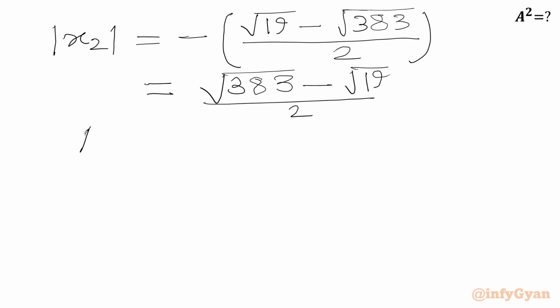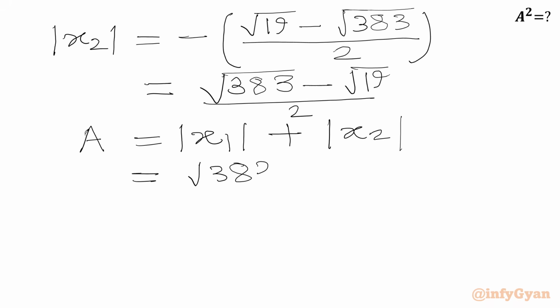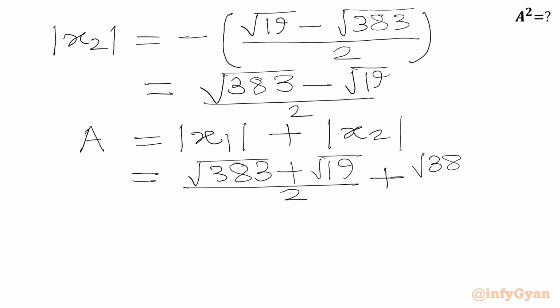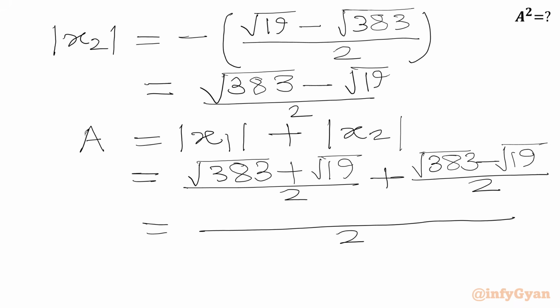Now we are going to calculate the value of a first, which is mod of x1 plus mod of x2. Now we will write here the values. So we can write square root 383 plus square root 19 over 2 plus square root 383 minus square root 19 over 2. Now the denominator is same, common denominator 2.